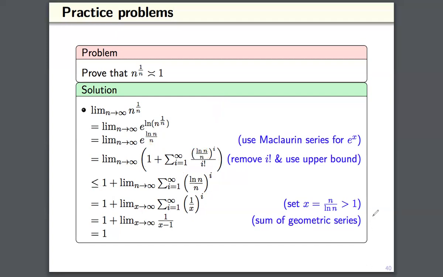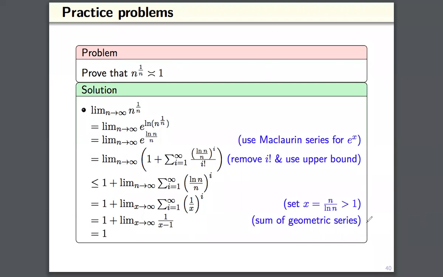Actually, someone proposed one method I think is very powerful. You look at the power. It goes to 0 when n goes to infinity. Log n divided by n, log n grows slower than n.